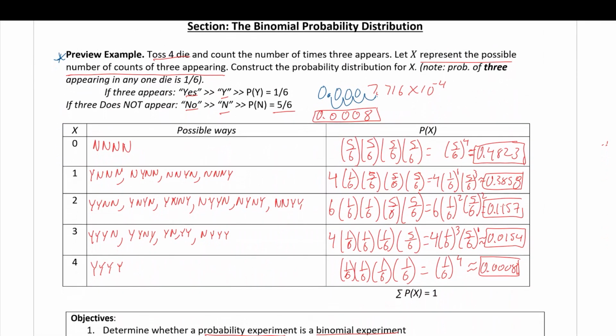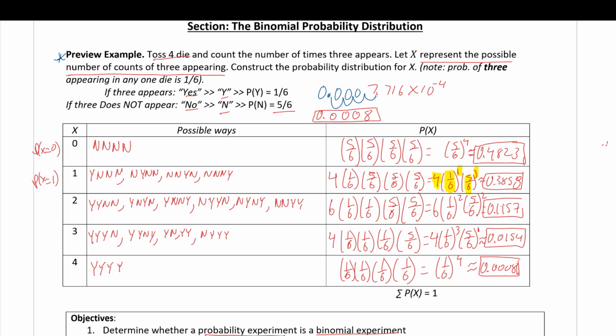Okay, so each one of these is a probability: the probability that x equals 0, the probability that x equals 1, and so on, right? Now let's look at this one here. You see how we have the number of successes, where there's one success, right? And the number of failures, there's a probability of failures. And then this number here is the number of combinations, the number of ways that can happen.